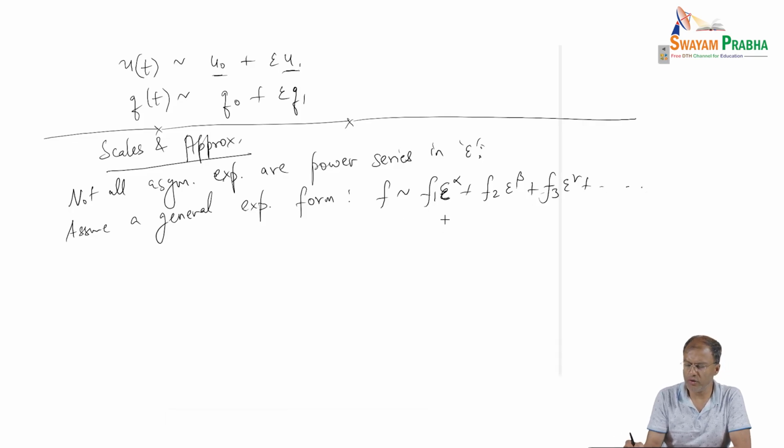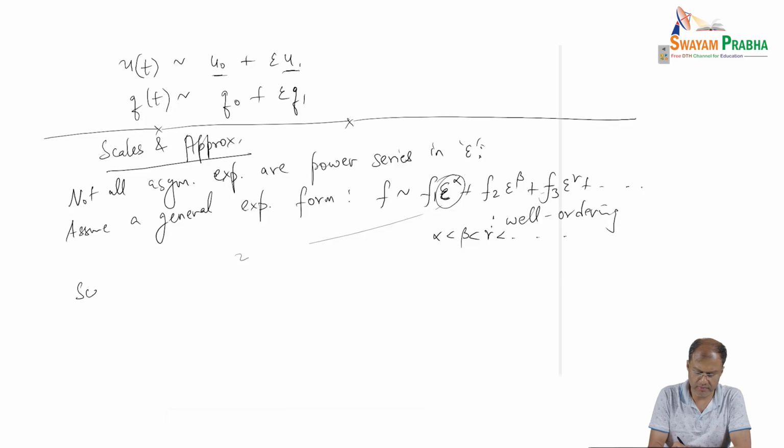So we are now going to use this well-ordered power series expansion. By well ordering, I mean that the powers alpha is less than beta is less than gamma, and so on and so forth, and these are all positive powers. So which means that now rather than these functions, we can use scale functions.